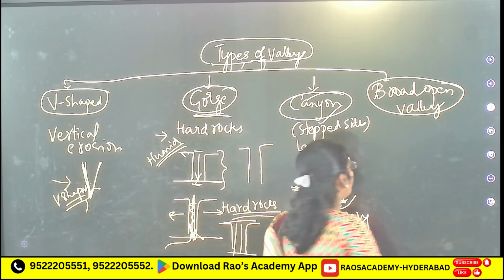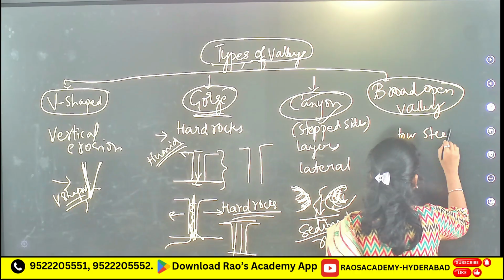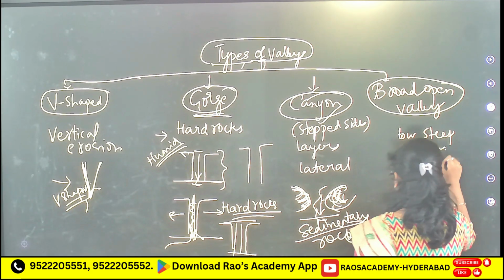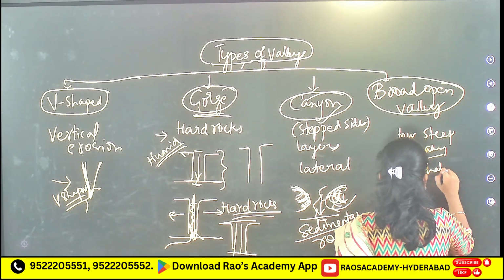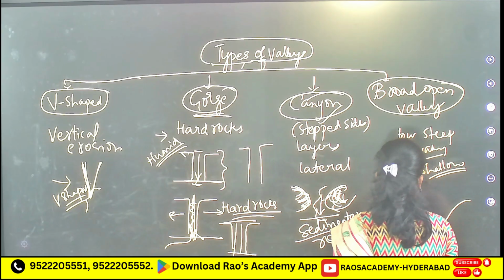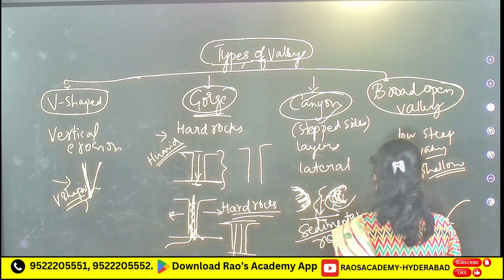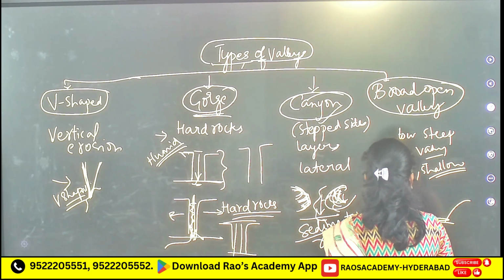Next, broad open valleys, low steep valleys. Low steep, wide, shallow, they are not that deep. Wide openings, shallow depth. Here lateral erosion is dominant.